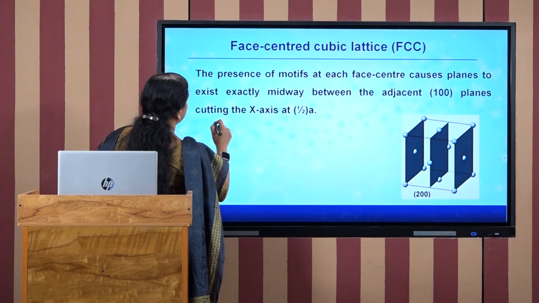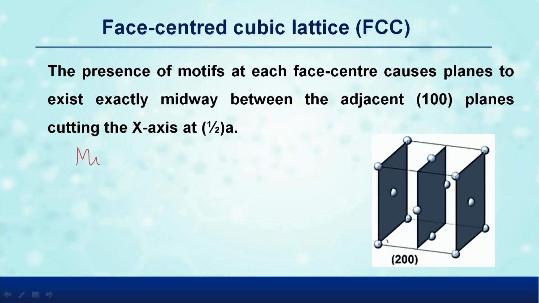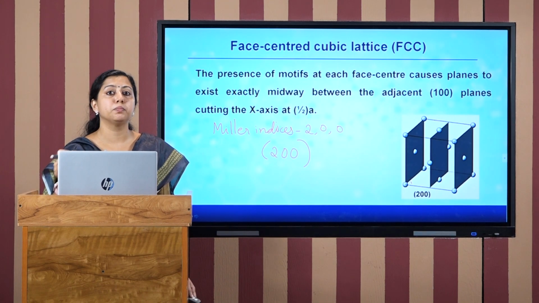So, the Miller indices can be represented as 1 by 2, the reciprocal is 2, the other 2 go parallel, so that will be 2 0 0. So, now the plane becomes 2 0 0 in a face centered lattice instead of 1 0 0 in a simple unit cell.